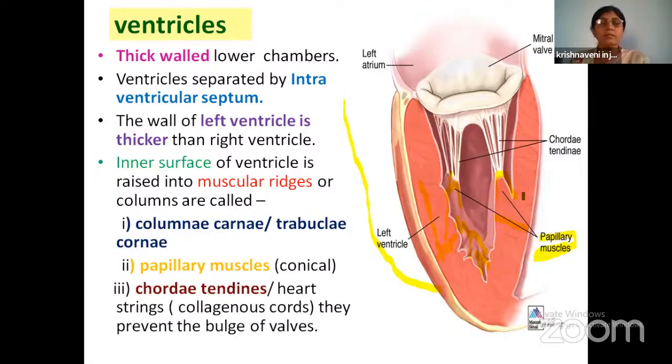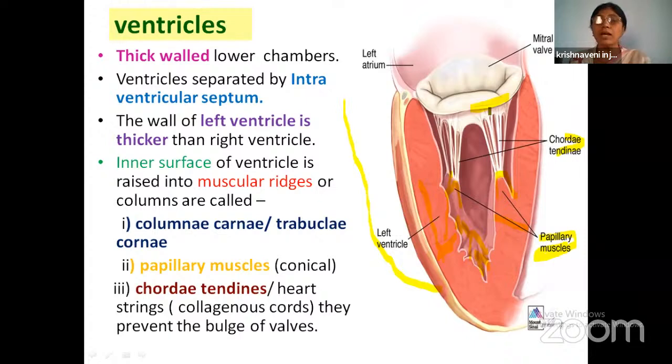Okay. Next, another strings are there. These are chordae tendineae. These are hard strings, that means they are made up of collagenous cords. These collagenous cords connect the papillary muscle and the valve, the mitral valve, because it is the left ventricle.